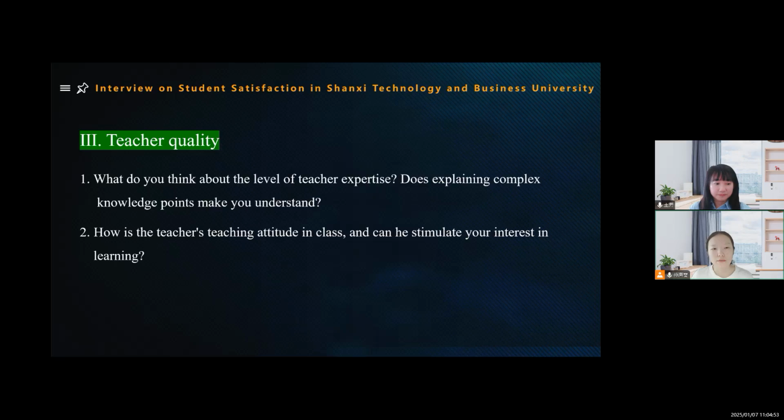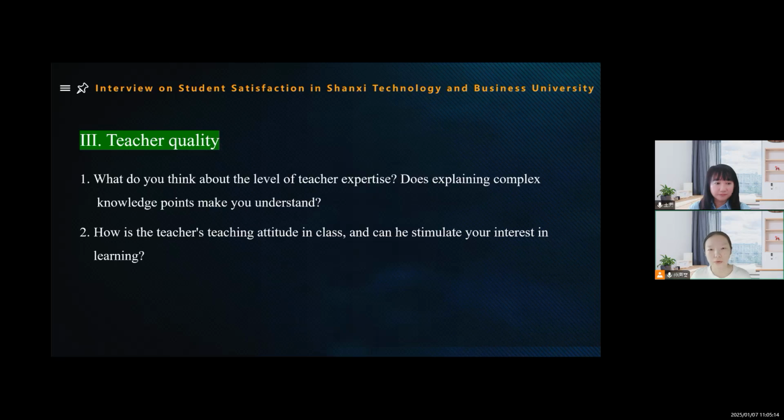In the process of explaining, the teacher would constantly make eye contact with us, encouraging us to actively think and ask questions. When we answered questions, no matter whether the answer was correct or not, the teacher would give encouragement.